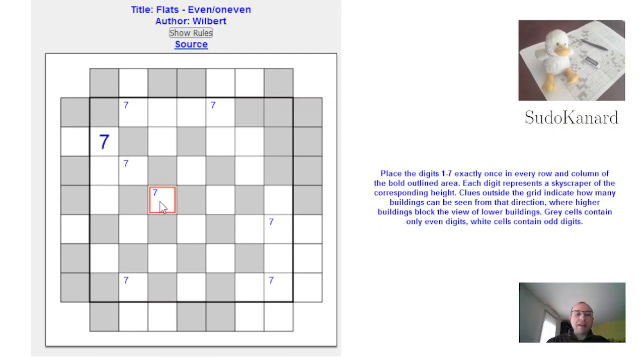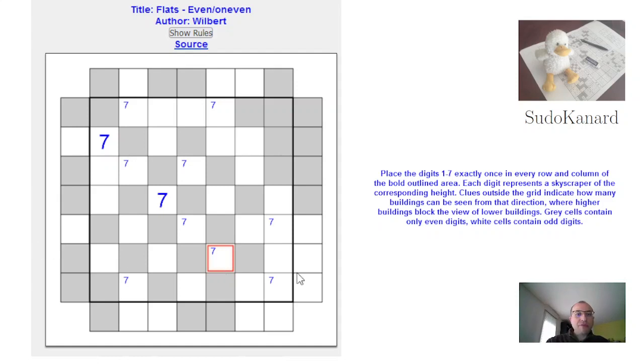So in this column, 7 has to be here. And this column 7 doesn't work here. Here it would seem to work. Here it would also seem to work. In this column, here it's possible, here it's not because of that. And here it seems to work.